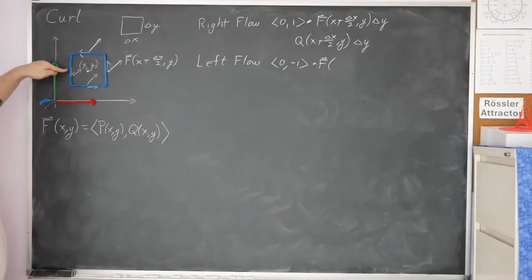All right, then we've got the top flow. Okay, and that one, we've got our flow unit vector in the anti-clockwise direction going to the left, so that's going to be negative 1, comma 0. Dot, okay, so this f, we're at the same x value, but we moved up by half the height of the box, so that's plus delta y over 2.